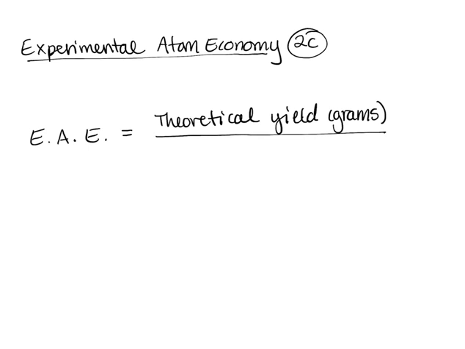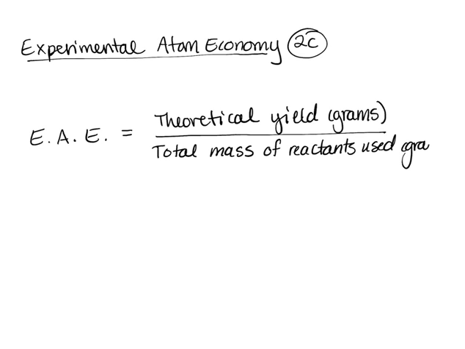And then we're going to divide that by the total mass of reactants used. And that will also be in grams. Now, you might be wondering, wait, I had a volume of HBr and a volume of H2O2.